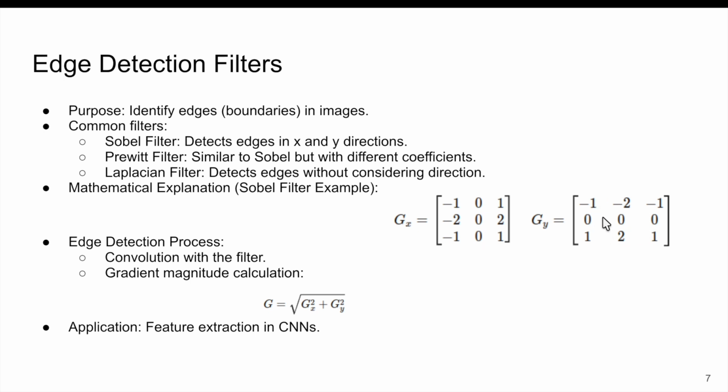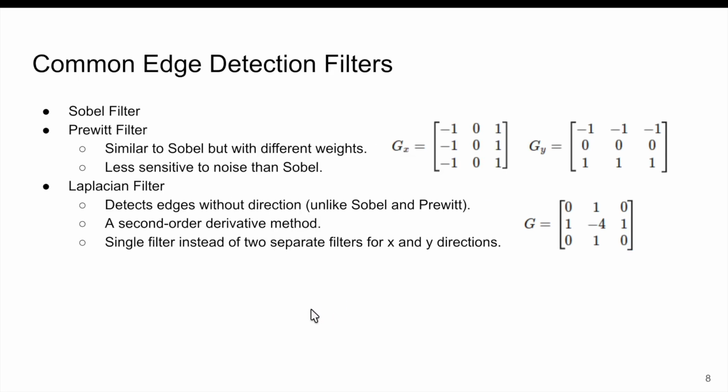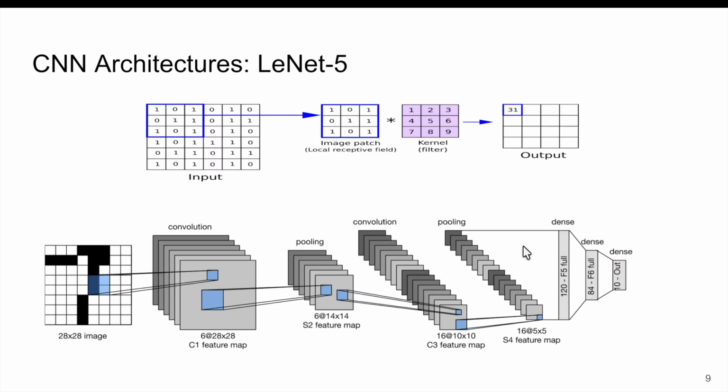This one is used to detect the horizontal edges, and combined their magnitude is calculated as below. And this is the Sobel filter, which detects the vertical edges. This one detects the horizontal edges, and then there is the Laplacian filter, which is this one, which basically detects both vertical and horizontal edges.